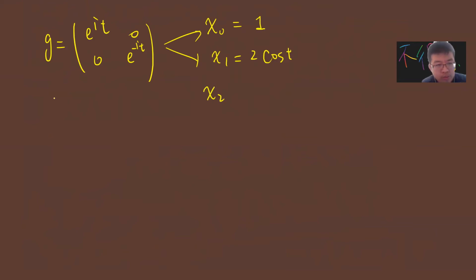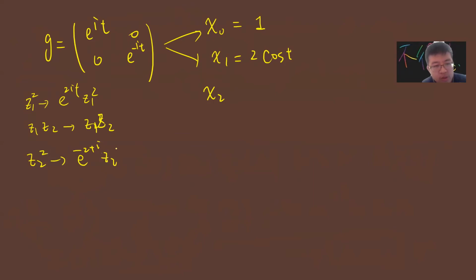And then chi_2, you can easily check that z1 goes to e^{2it} z1 squared, z1 z2 stays constant, and z2 squared becomes e^{-2it} z2 squared. So chi_2 acting on this g becomes e^{2it} plus 1 plus e^{-2it}, which is 2 cos 2t plus 1.